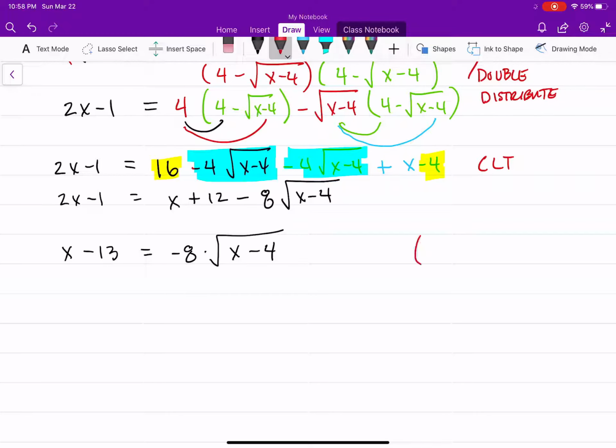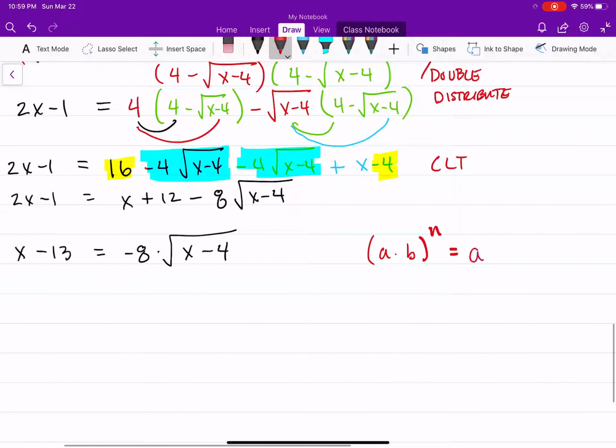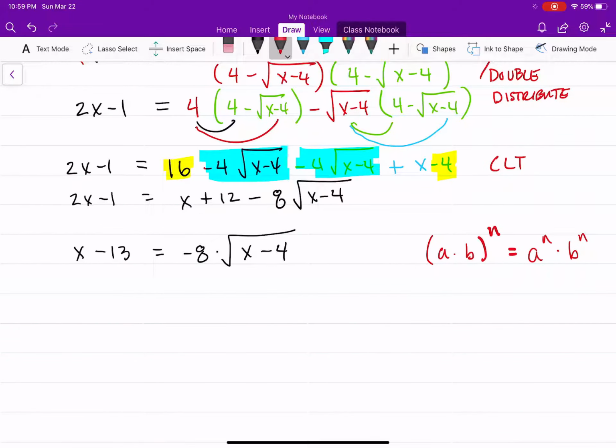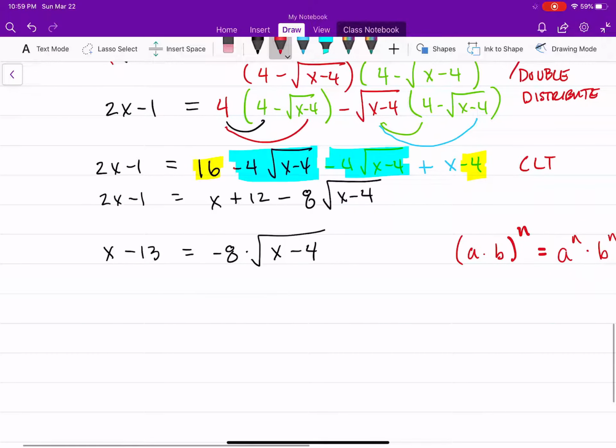If I had a times b raised to the nth power, that is equal to a to the nth times b to the nth. So I can do that because it's multiplication. We have to remember that.